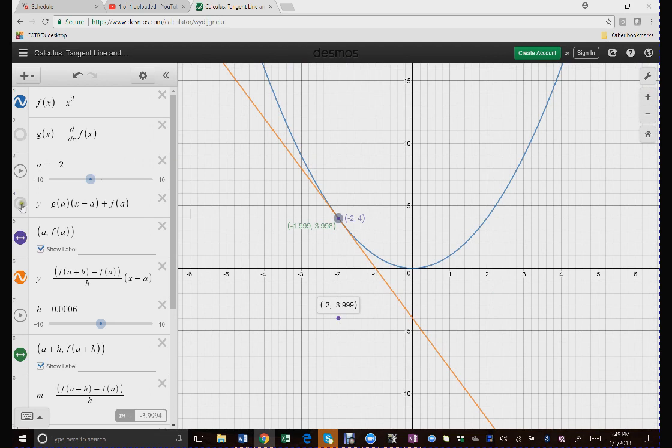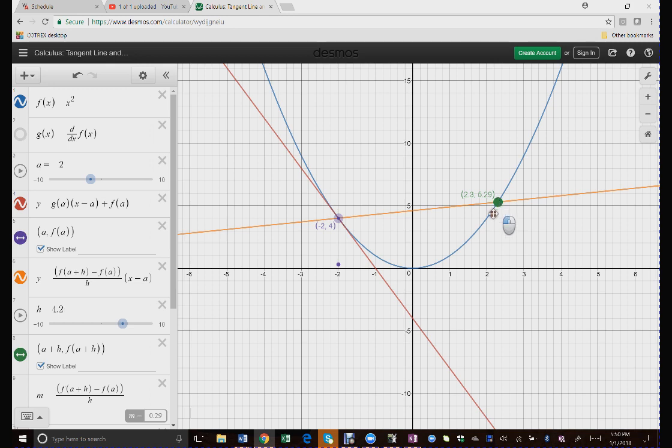I'm going to turn on the tangent line. The red line is the tangent line. That is the one line that touches just this point and only this point on the graph in this area. So that's my tangent line.